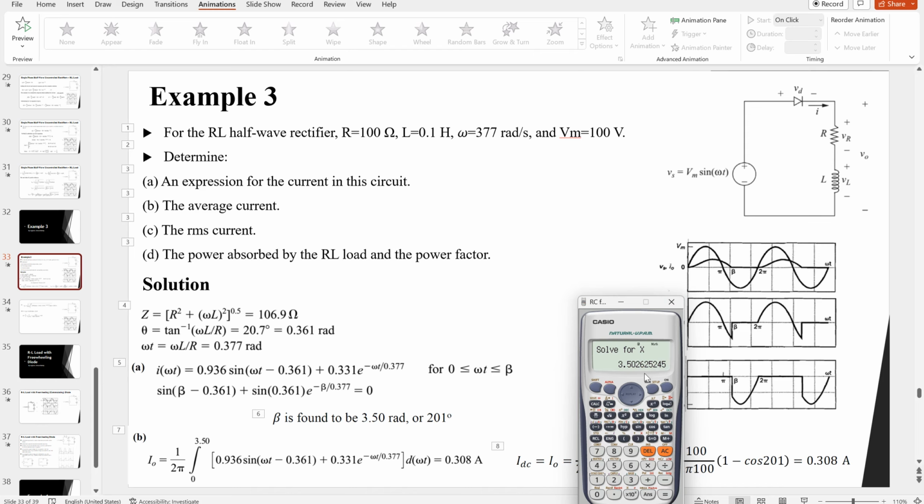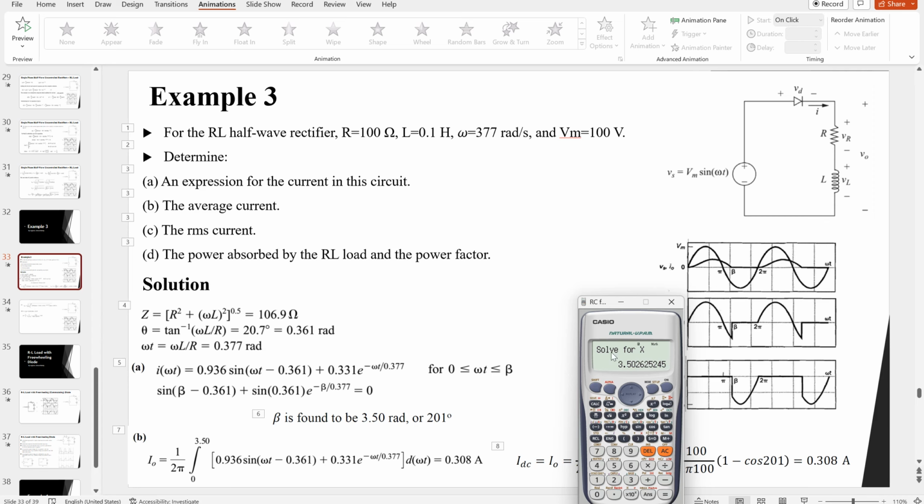For example, if you just click on equal, sometimes it will give you x equal to 0, because we have two solutions for this problem. The current will be equal to 0 at the beginning, and the current will be equal to 0 at beta. So we would like to enter a value very close to beta in order to get the correct solution, which is 3.5.